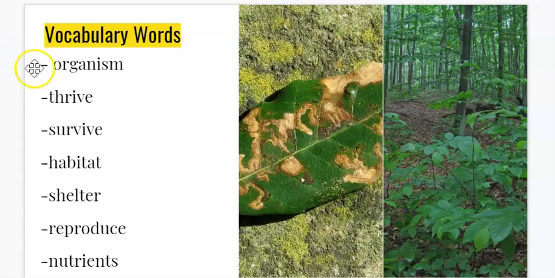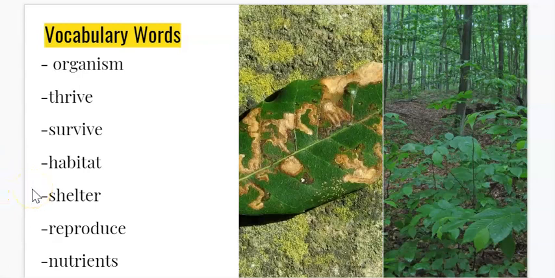I just talked about organisms. Thrive, that means to grow or develop. Survive, that means that you're living and you're an organism. Habitat, that's a home of a plant or an animal.